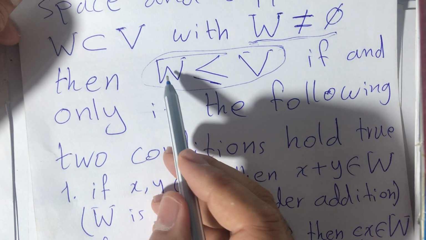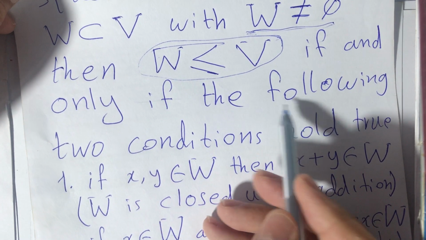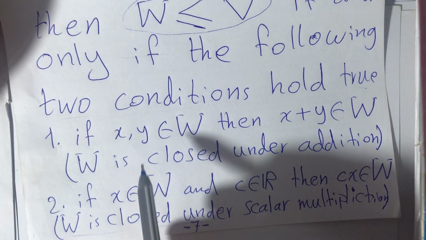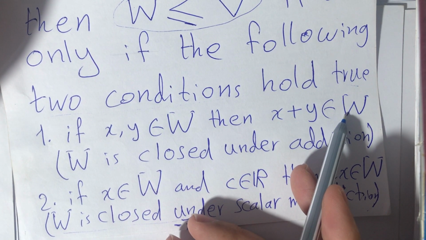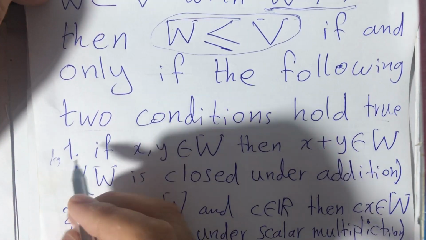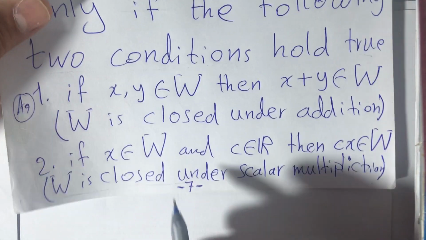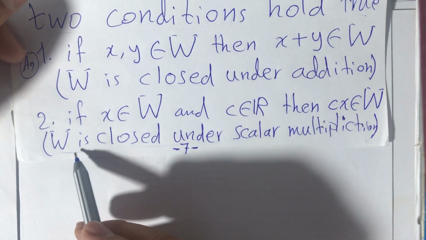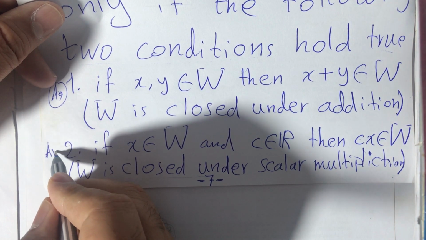Here this is the symbol of subspace. W is a subspace of V if and only if the following two conditions hold true. If x, y belongs to W, then x plus y belongs to W. This is axiom A9. And if x belongs to W and c belongs to R, then cx belongs to W. This is also A10.